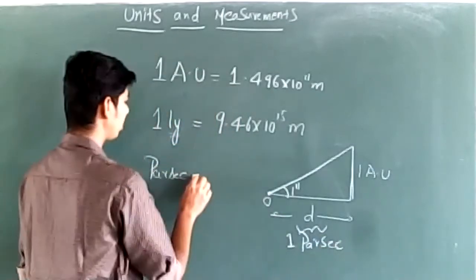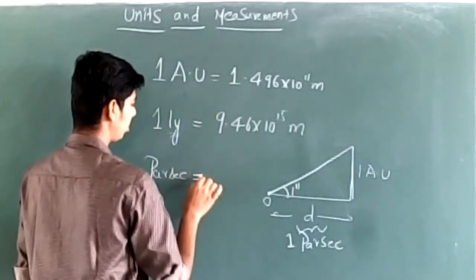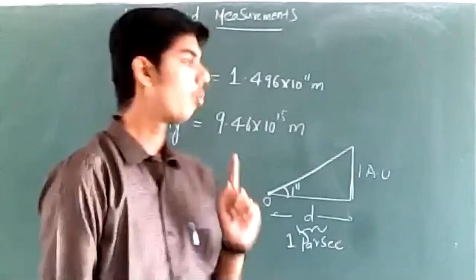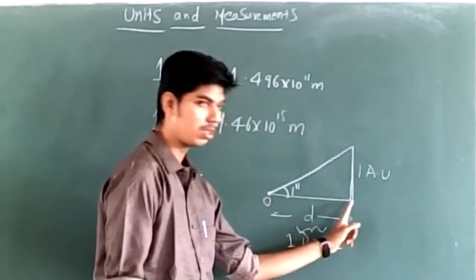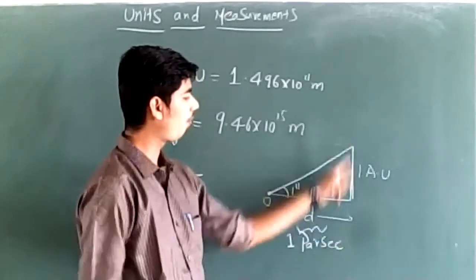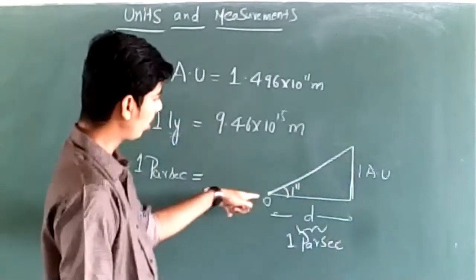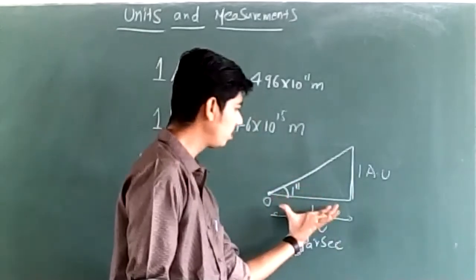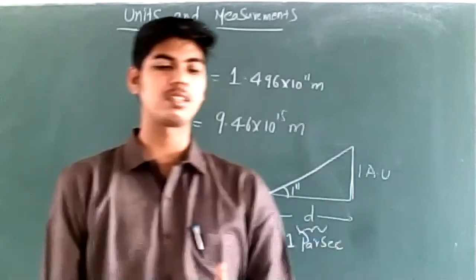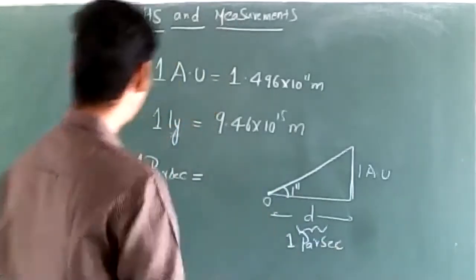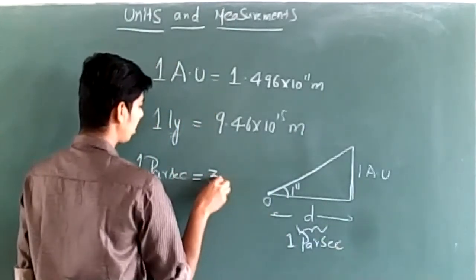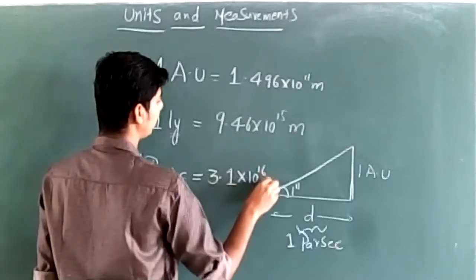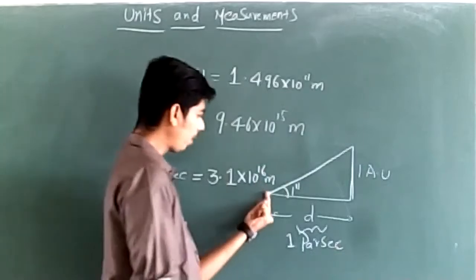The idea of parsec should be clear. 1 parsec is the distance at which an arc of length 1 astronomical unit is going to subtend an angle of 1 second. This distance is called a parsec, and 1 parsec is approximately 3.1 into 10 to the power of 16 meters.